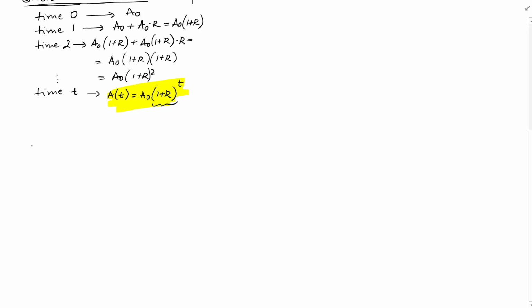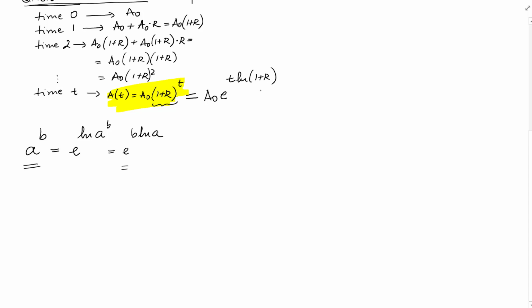If you remember, a to the b can be written as e to the ln of a to the b, which means e to the b ln of a. That's how we change from any base to base e. So this becomes A naught e to the t ln of 1 plus r.